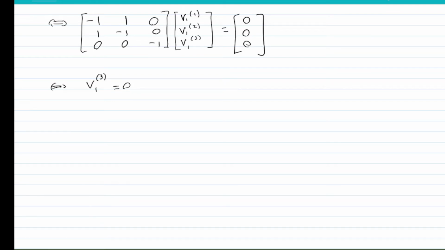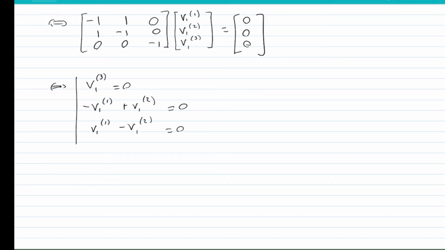For the other two, what do we get? Let's write the system as it is. We get minus V1,1 plus V1,2 equal to 0, and V1,1 minus V1,2 equals 0. I've put the third equation first because I already know what it is.